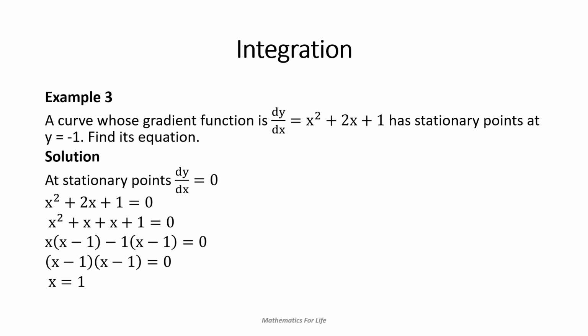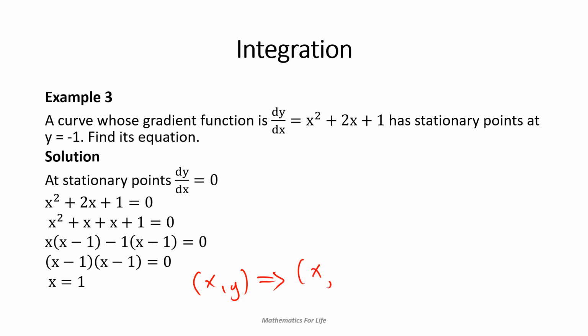So therefore, equating x squared plus 2x plus 1 equals 0, we are going to factorize that, factorizing to get (x plus 1)(x plus 1) being equated to 0, and so we are finding that x is equal to -1. So therefore, the stationary point can be written simply as (x, y), and we've already found from the working that our x is equal to 1.